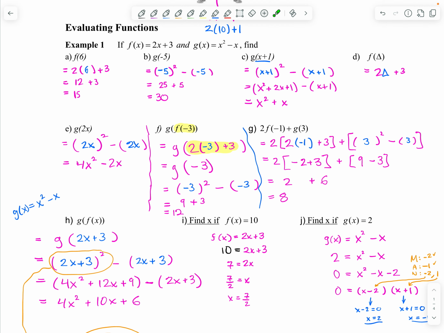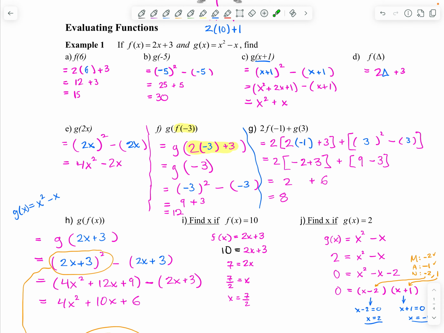Okay, very well. Moving on with these examples, here I have another example. I'm going to double the function output of f of negative 1. It's super helpful to write a lot of brackets when we're dealing with functions.